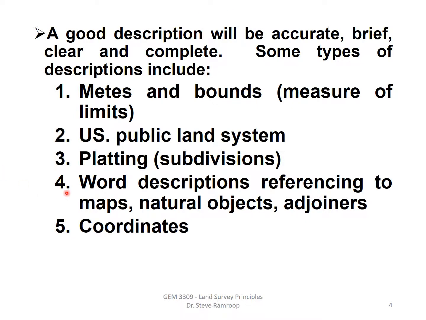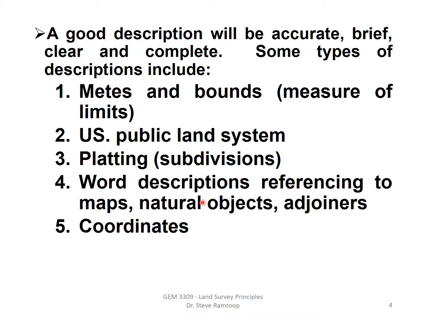The third type of description is your platting, your subdivisions, where we talked about simultaneous ownership. So those subdivisions, all of those plots, all of those tracts of land, are of equal level of importance.